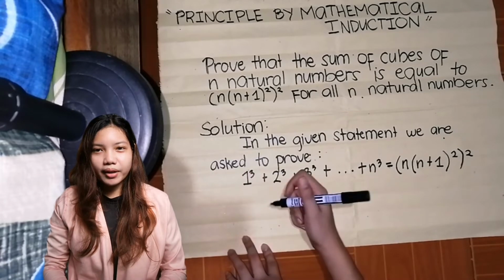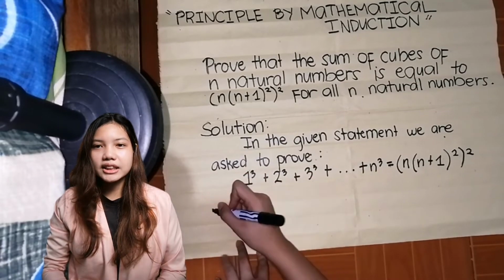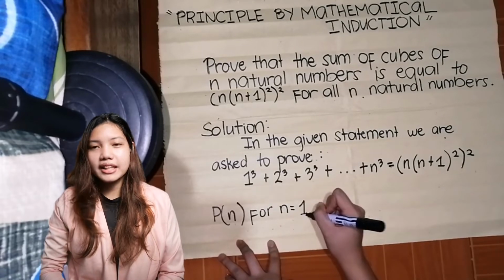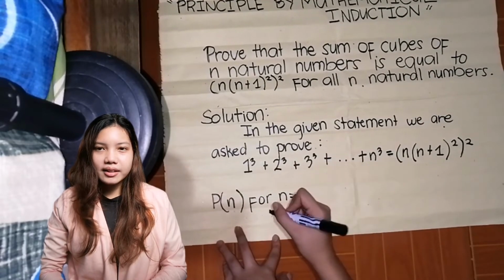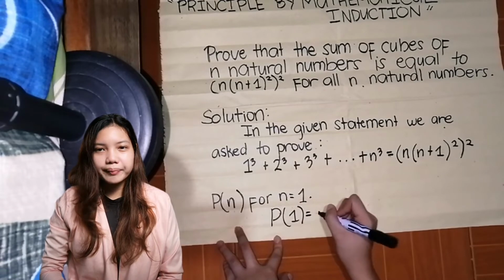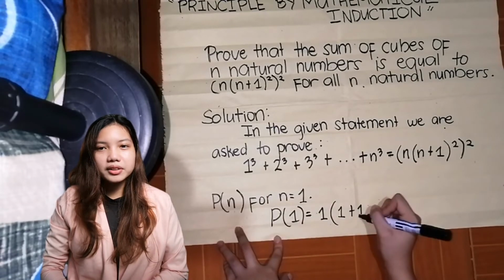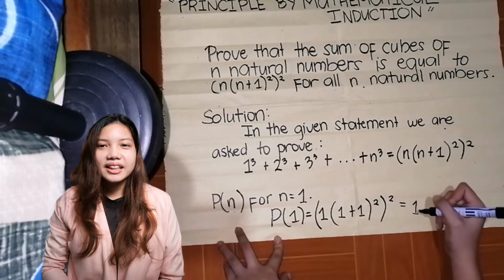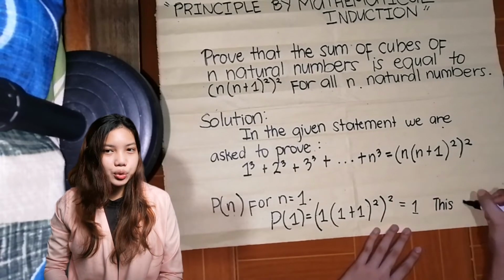Now, with the help of the principle of induction in math, let us check the validity of the given statement P(n) for n equals 1. So P(1) equals 1, and (1(1 plus 1)/2) squared equals 1. And this is true.